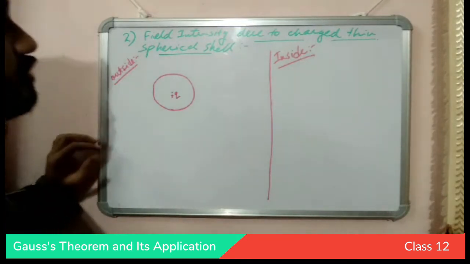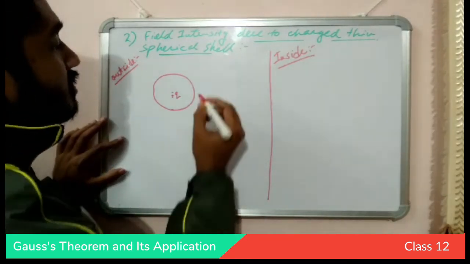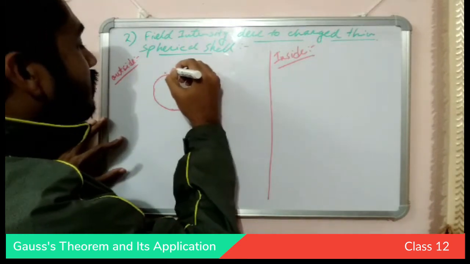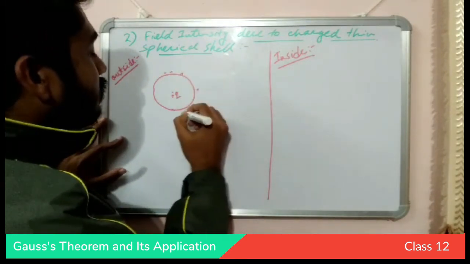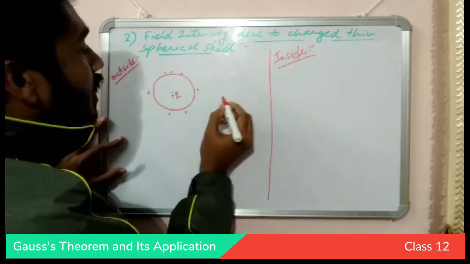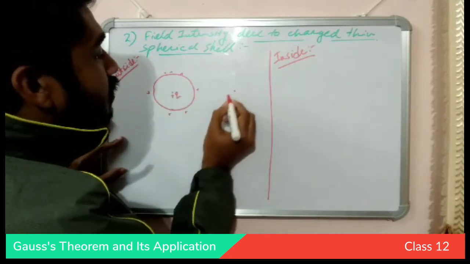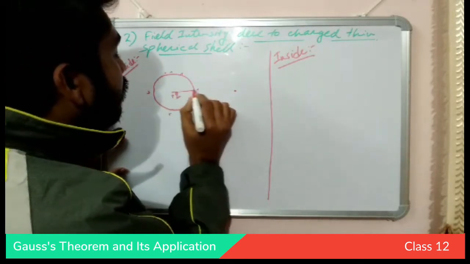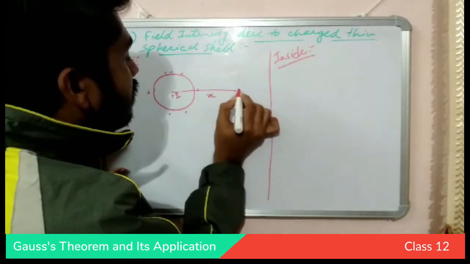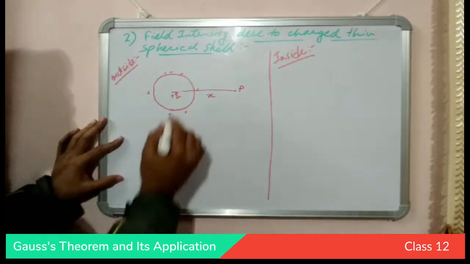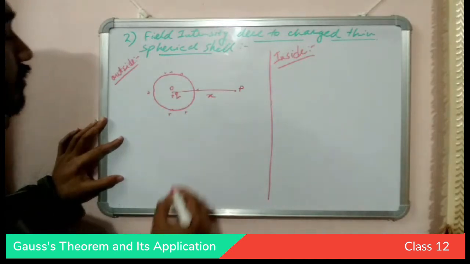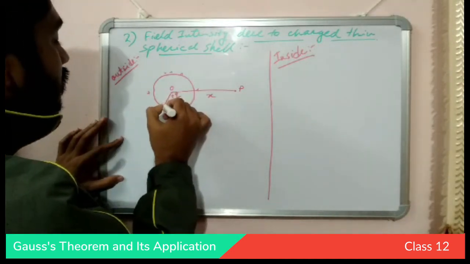As this is a spherical conducting shell, the charge will be distributed over the surface here, and our test point is here at distance x. Suppose this is P and this is our center O. The radius of the sphere is r.